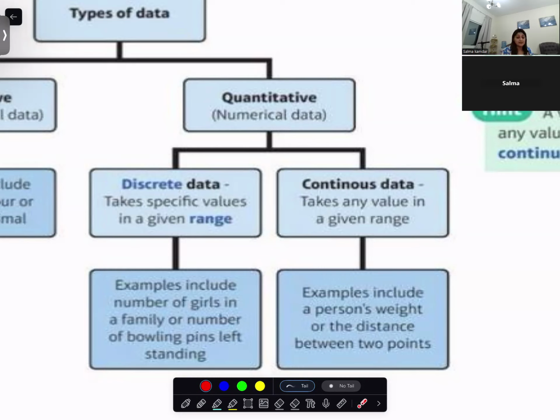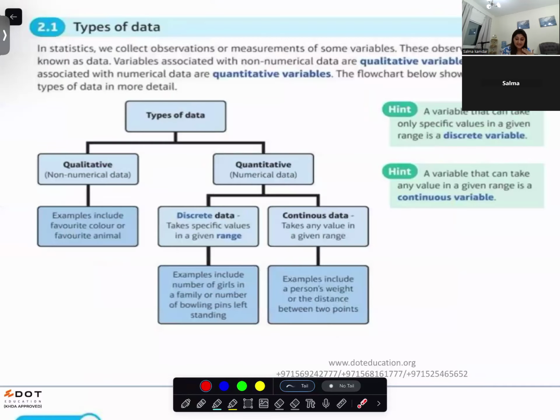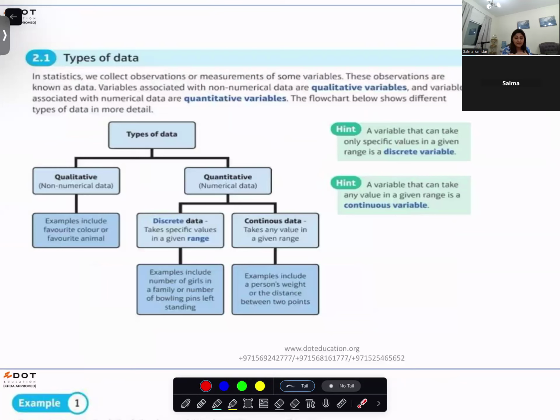But when I talk about continuous data, that means the data can take any value in the given range. A person's weight, distance between 2 points. These are examples of continuous data. They can take any value. Discrete would be specific value. So continuous data can take any value, and discrete would be a specific value.